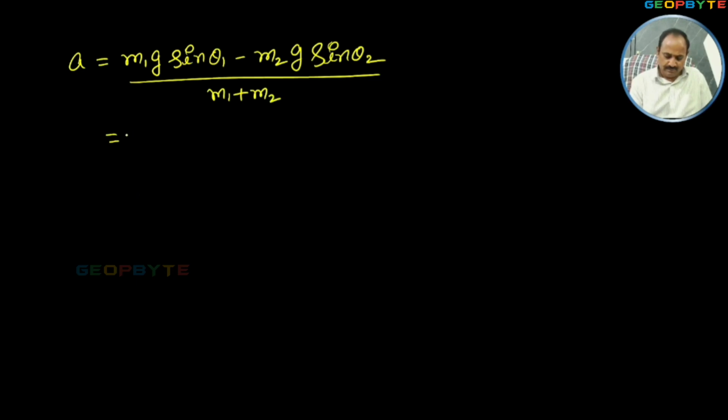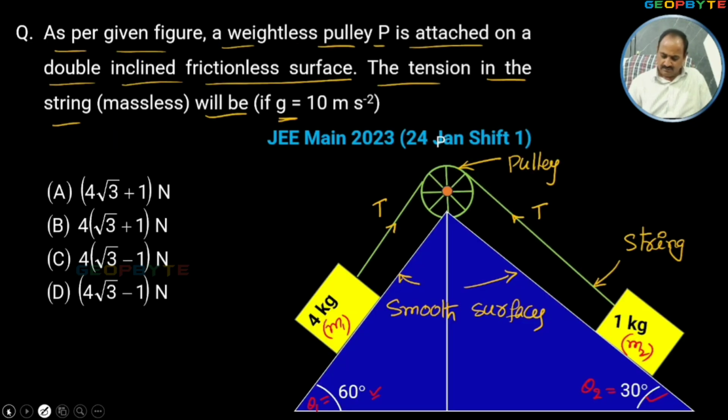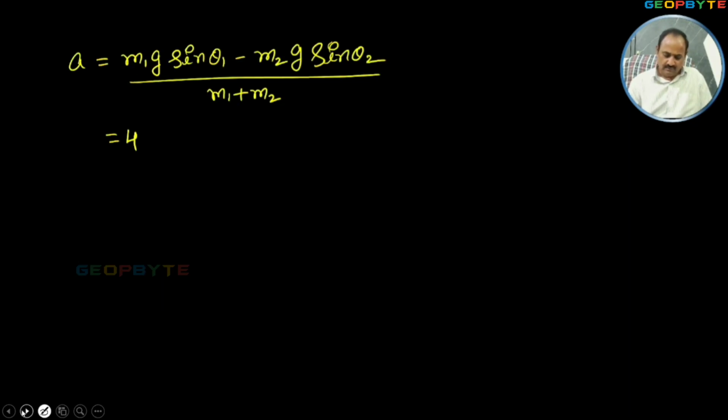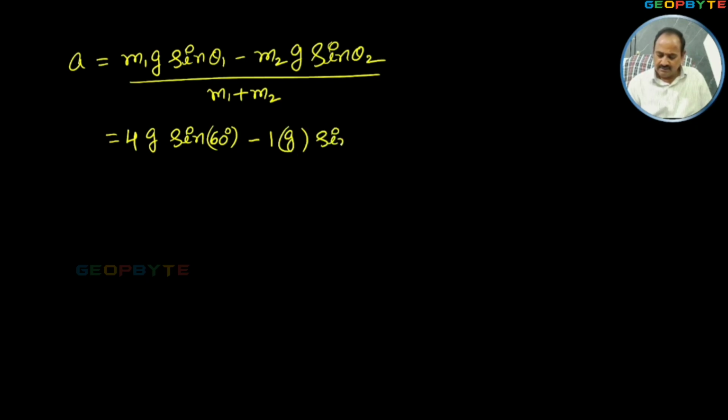M1 is 4 kg, so 4 kg g into sin 60 degrees, minus m2, 1 kg, g into sin 30 degrees, divided by m1 plus m2, that is 4 plus 1.